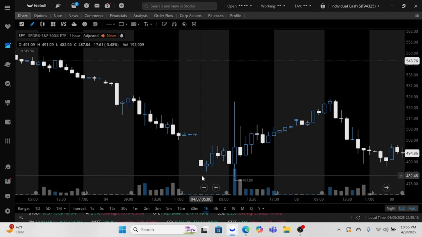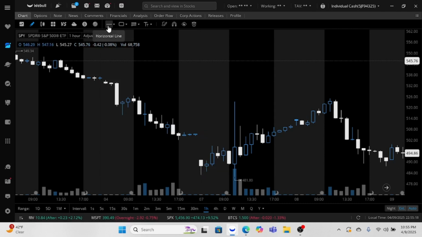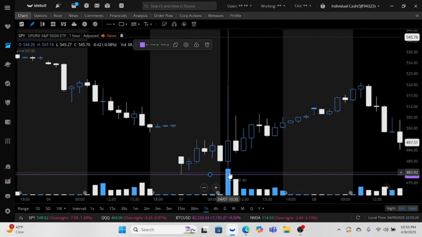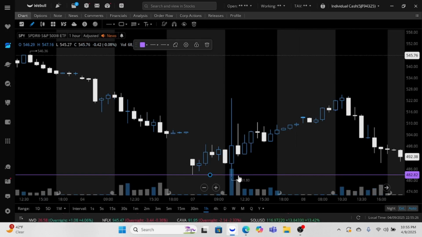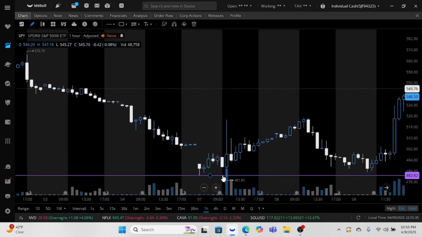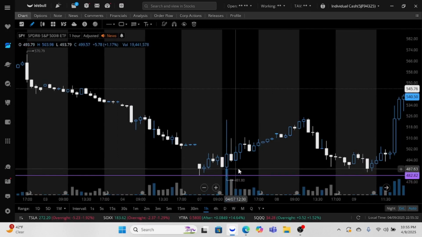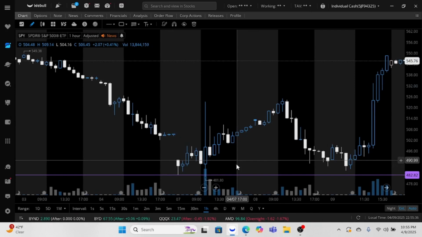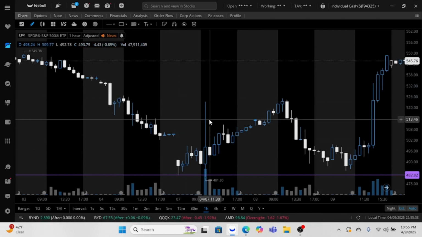We have a low right here, but look, that low got taken. That low got taken. So now you can expect price to be coming up and gravitating towards the other highs.